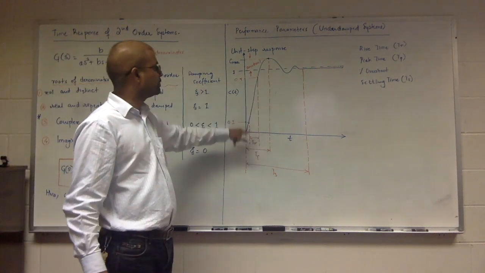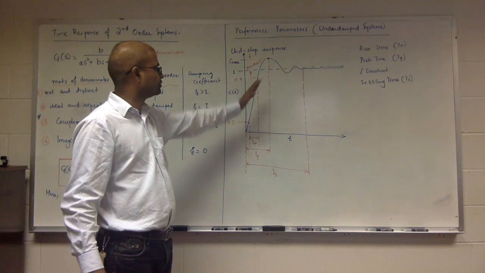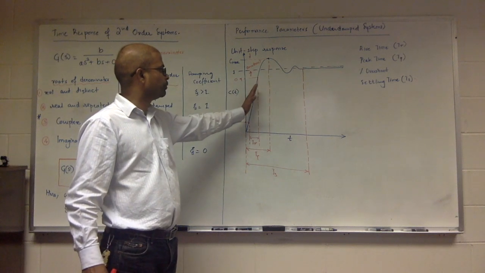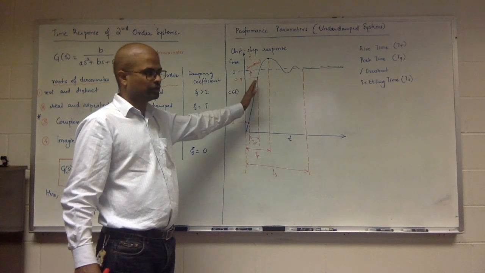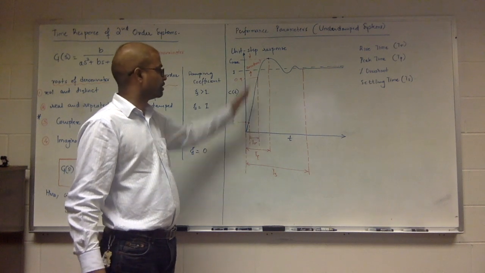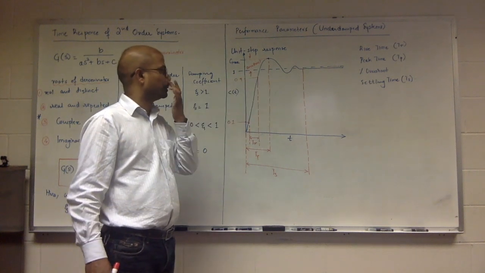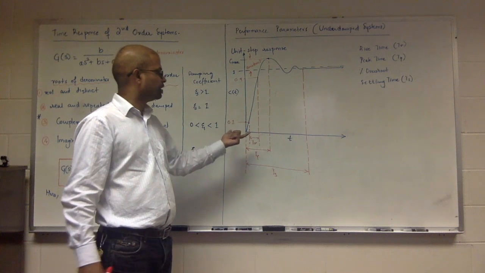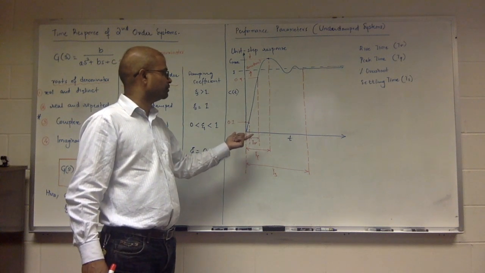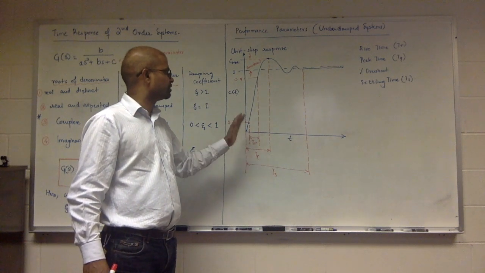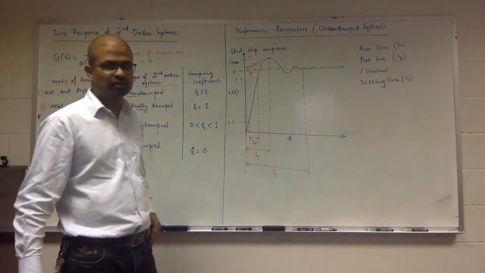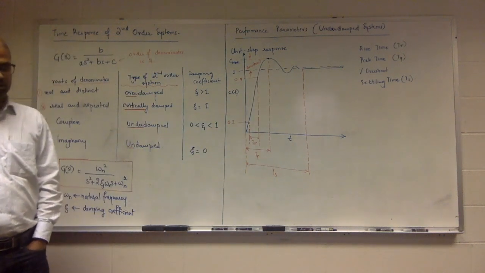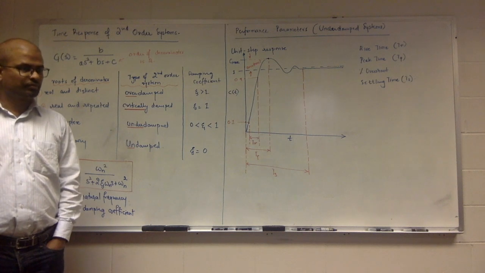The rise time will essentially tell you how steep is the climb. So if the amount of time taken is less and less, what happens to the slope? It becomes steeper and steeper. You understand?